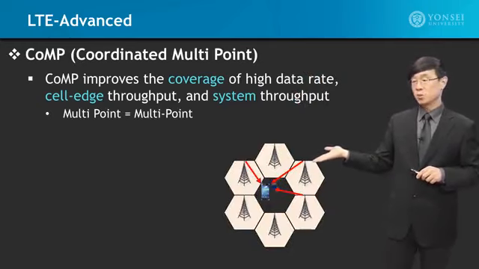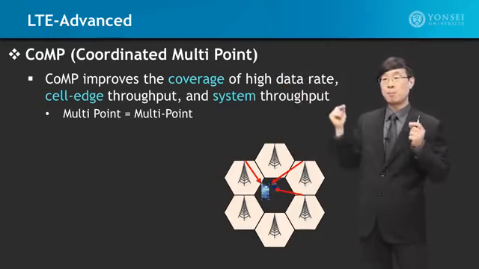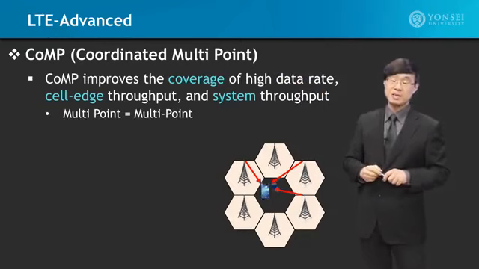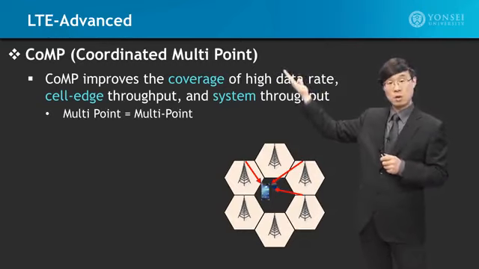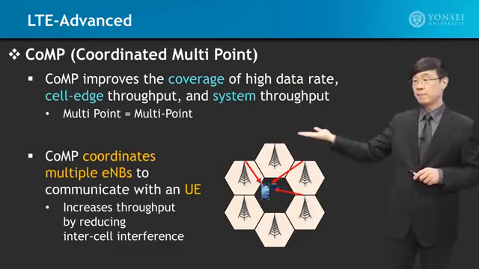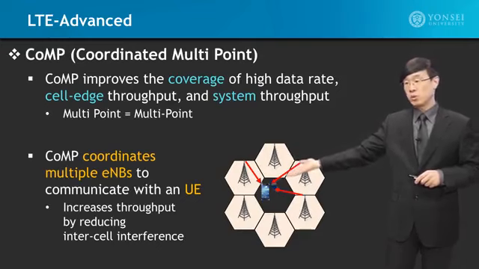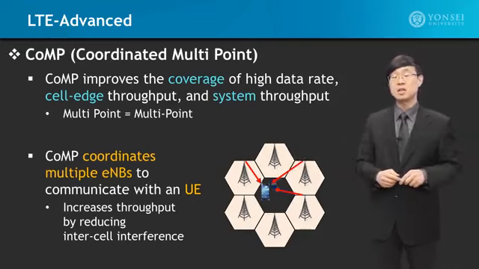It is like this, where you have multiple cells supporting a base station together. Multipoint means multiple base stations are pointing at the same device, coordinating, that's where the word coordinated comes in, in a way such that multiple eNodeBs communicate with a UE at the same time to increase throughput by reducing intercell interference.